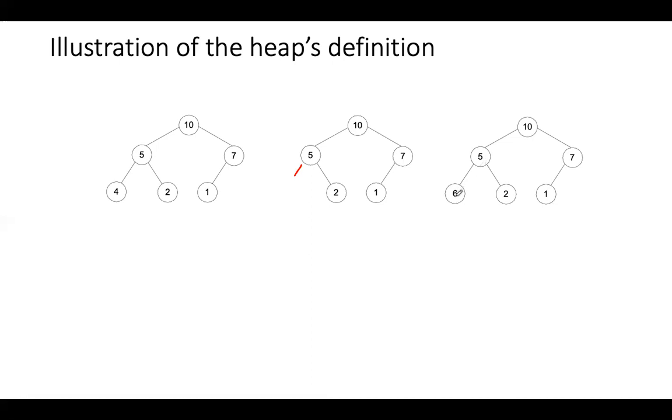But 5 is not greater than 6. The value 6 is higher than 5. So it is not a heap. So this is a heap, this is not a heap, and this is also not a heap. Is it clear? It's very important to recognize whether a given binary tree is a heap or not.